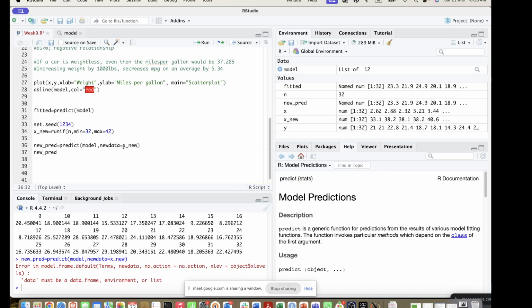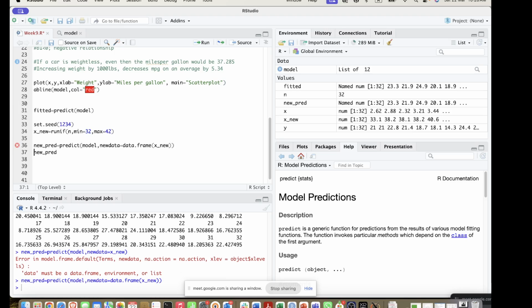Okay, so newdata, if I do data.frame x new, yes.